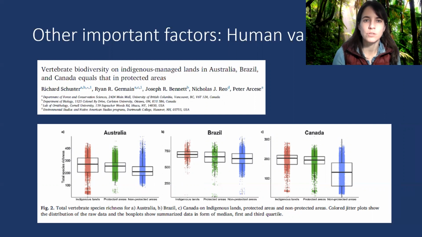This paper by Schuster et al. was also from 2019. And what this paper looked at, you can see in the figure, is the total vertebrate species richness in Australia, Brazil, and Canada. On indigenous lands, that's in the red, protected areas, that's in the green, and non-protected areas, that's in the blue.